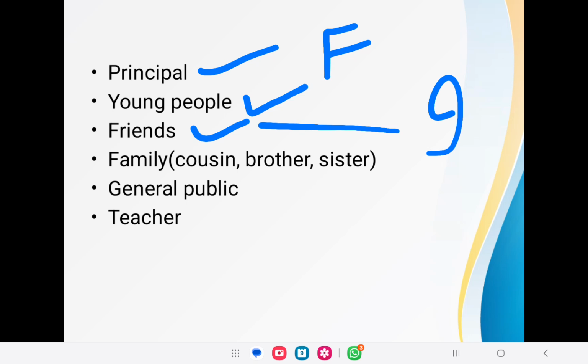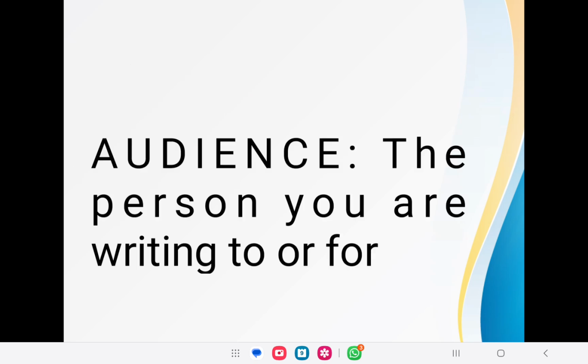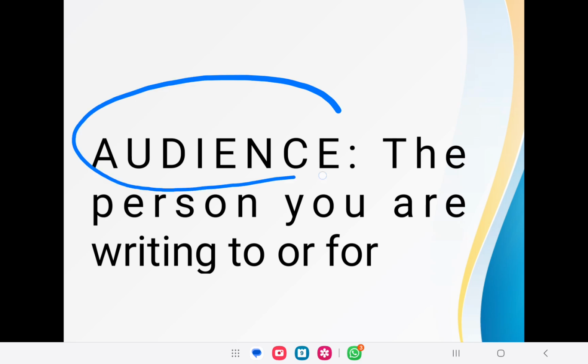There is no mention of the word formal or informal in the question. You will decide it yourself after reading who the audience is. So this will tell you whether you are going to write a formal or informal email, a formal or informal letter, right?